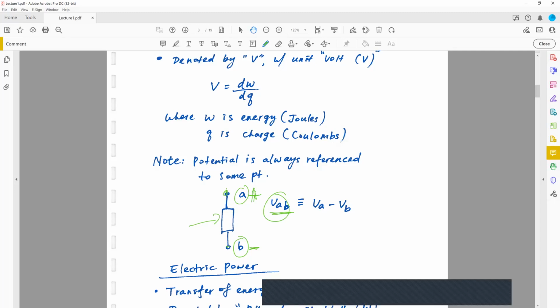In order to create a difference, you need to have some delta, and that delta comes from the difference between this plus and the minus. So it is important to keep in mind that this potential difference comes from some delta between two node voltages. In this case, I have VA minus VB.